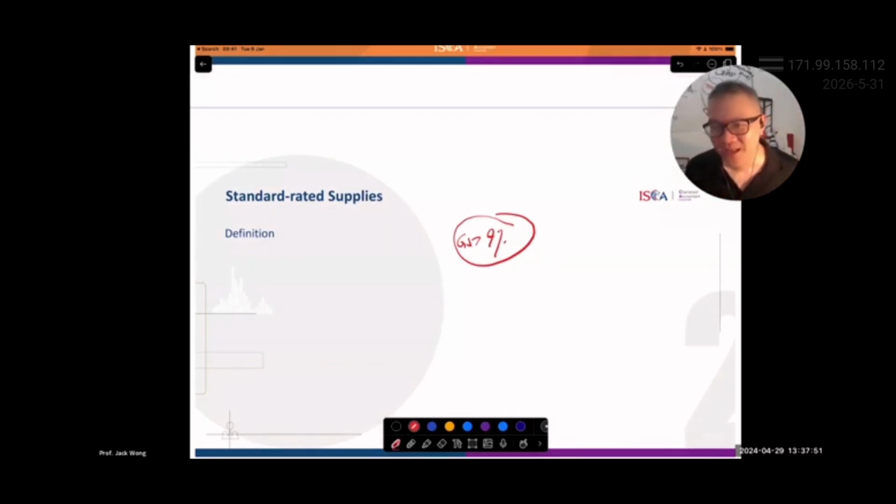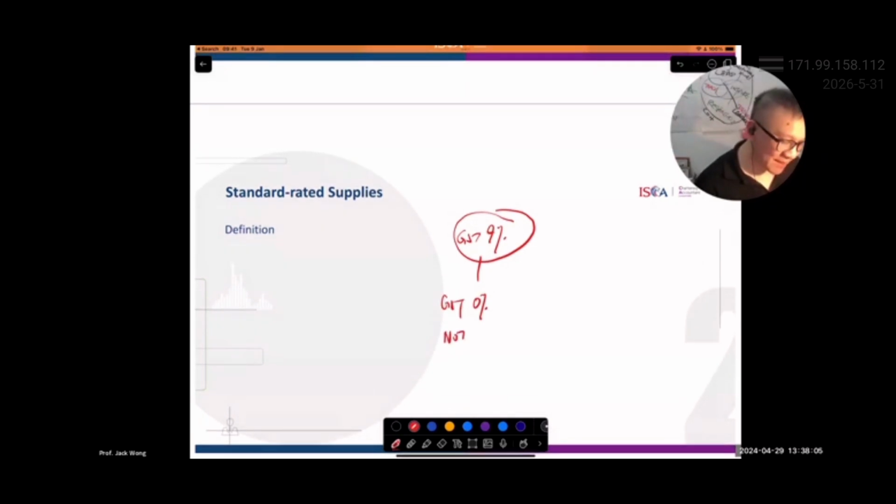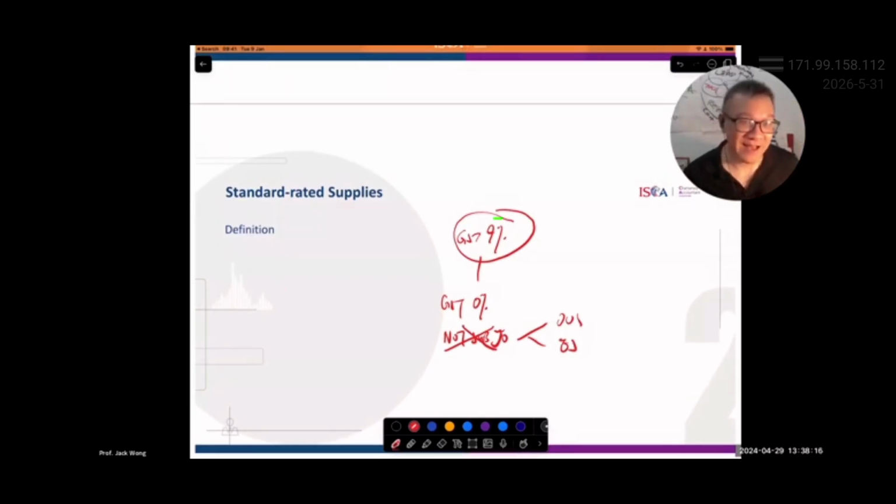Okay, so a standard rated supply is a supply with output tax of 9%, and as a result, it is not GST at 0%, which is called a zero rated supply, or not subject to GST, which is either out of scope or exempt supply. So standard rated supply is just a supply that comes with a 9% GST charge.